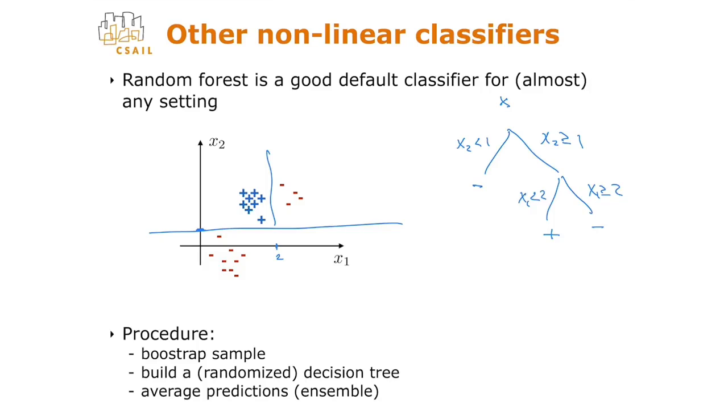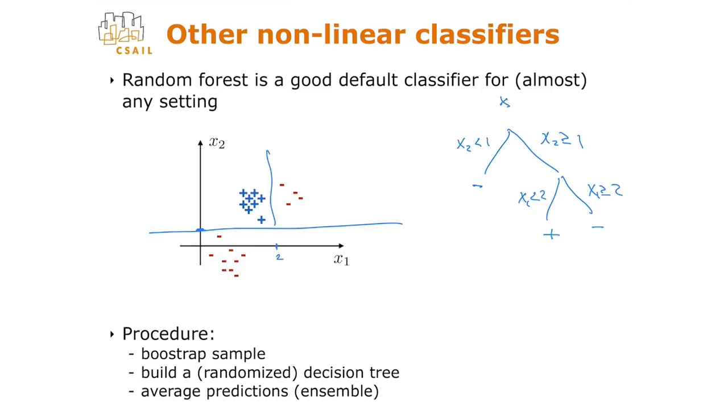The other randomization is by drawing a bootstrap sample of the training examples, drawing n examples with replacement from the training set, so as to create some variability in the data from which the trees are generated, and then you just average the predictions from the trees. That's called a random forest classifier, and it is a quite robust prediction method.